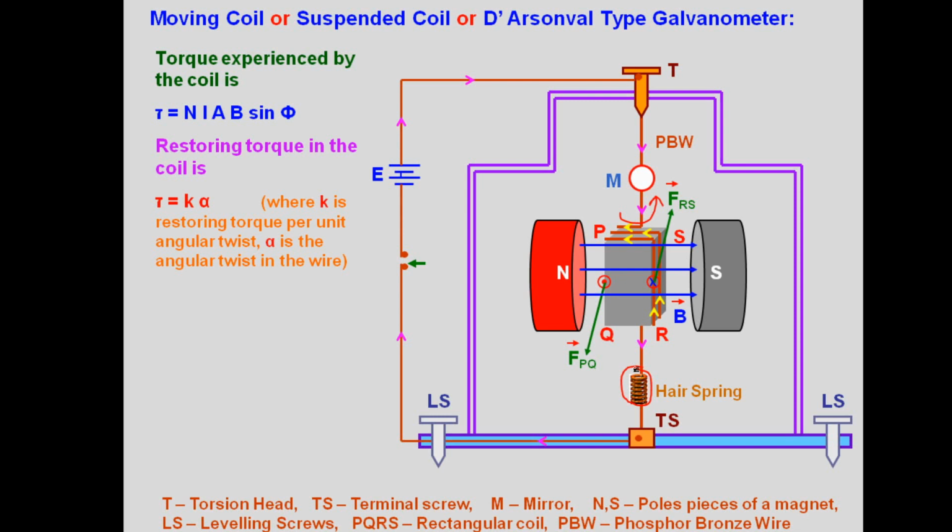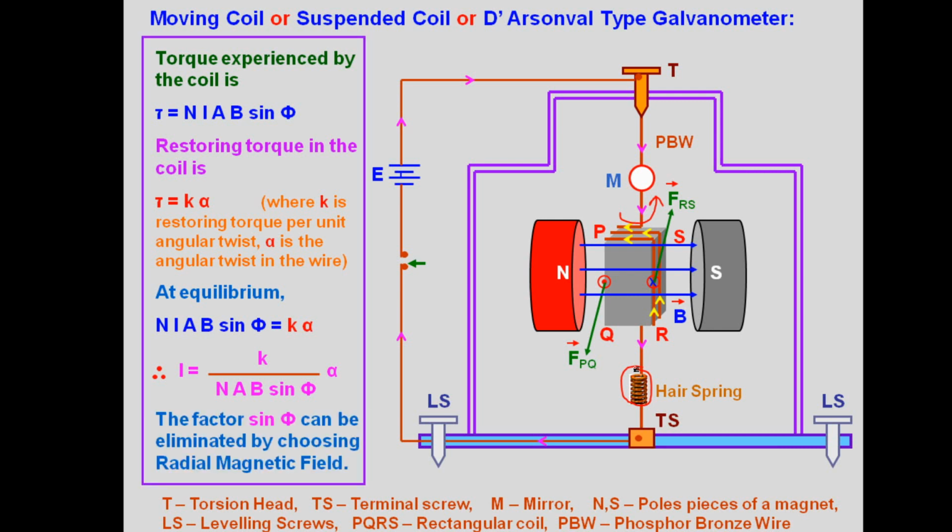Alpha is the angular twist in the wire. At equilibrium, when the equilibrium condition is reached, both the torques are balancing each other. So we have BINA sin phi equals K alpha, or I equals K upon BAN sin phi alpha.